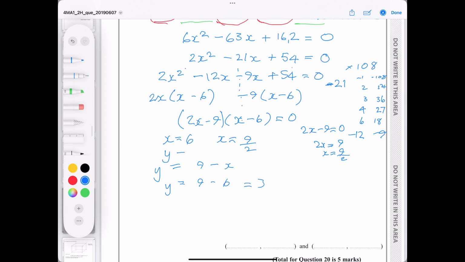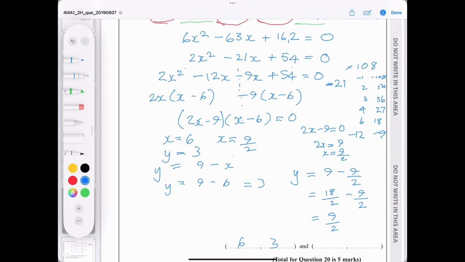So if x equals 6, y equals 3, so that would be 6 and 3. Note how I'm taking a little time to do this. And if y equals 9 minus 9 over 2, then that would equal 18 over 2 minus 9 over 2, which equals 9 over 2.